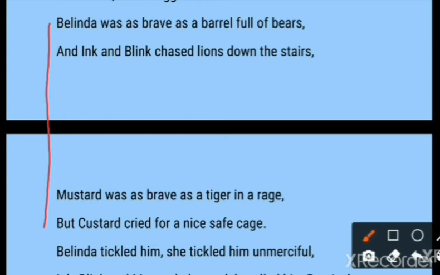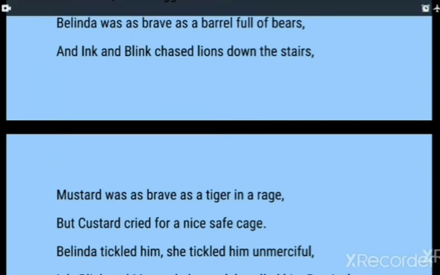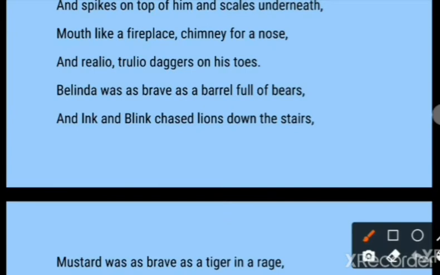And then we find alliteration. In the very first line of the fourth stanza we find alliteration, this b sound. We find this b sound in Belinda, at the start of brave, barrel, and bears.